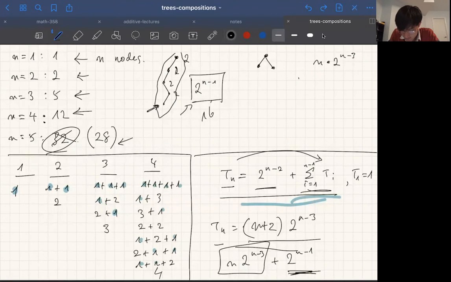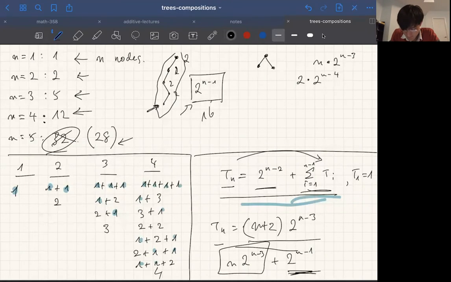There'd be 2 ways of doing that, and then 2 to the n minus 4, sorry, ways of putting the remaining edges on. Right, because there's n minus 1, now n minus 2, n minus 3 left. Okay. So it's 2 times 2 to the n minus 4.